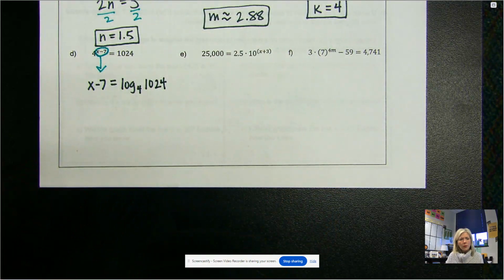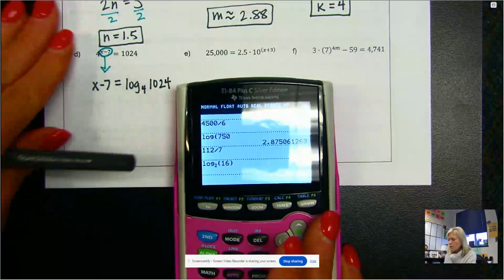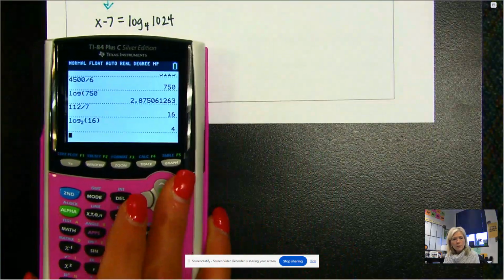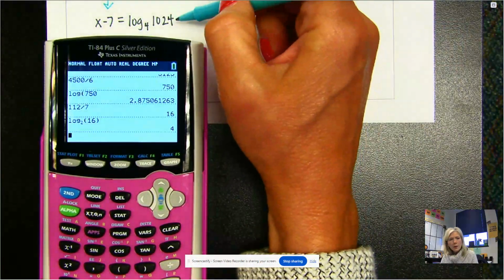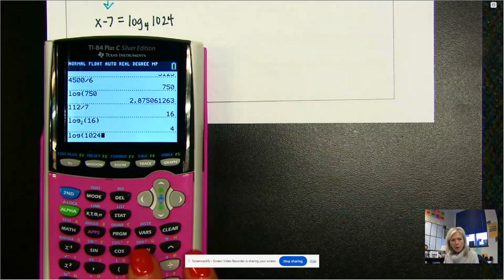Now, if you're working with a calculator that doesn't have the log base option, remember you can still evaluate this by doing the log of 1024, close the parenthesis, and we always divide by the log of the base.